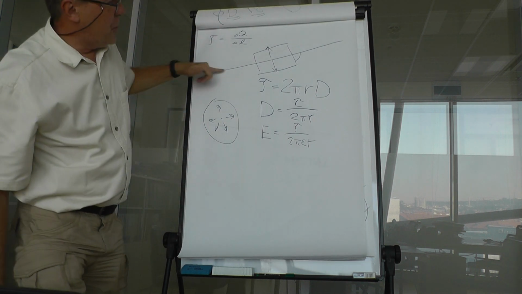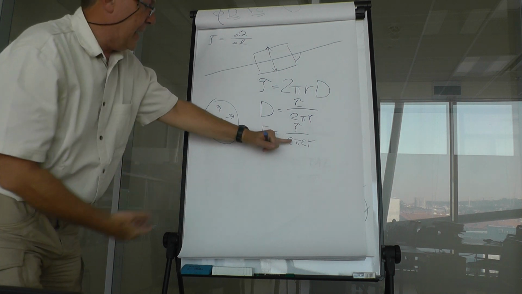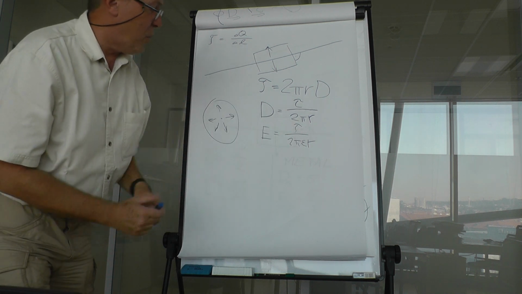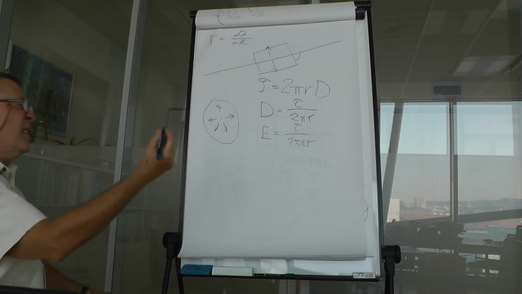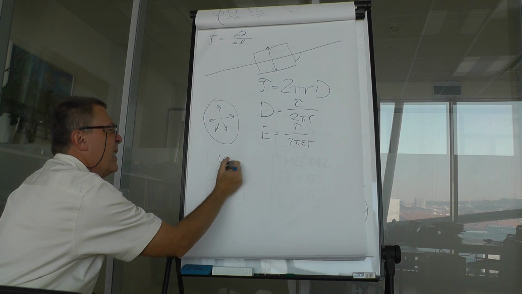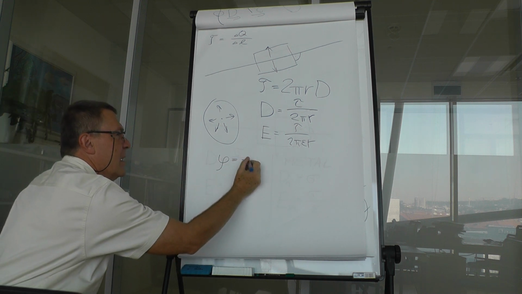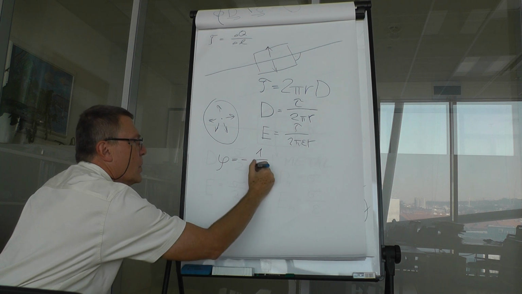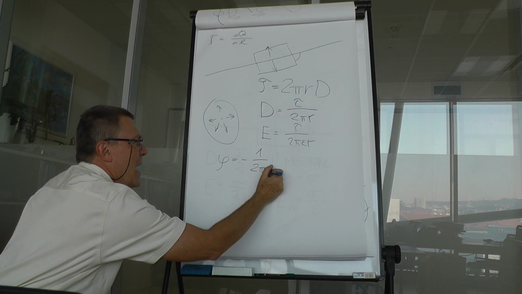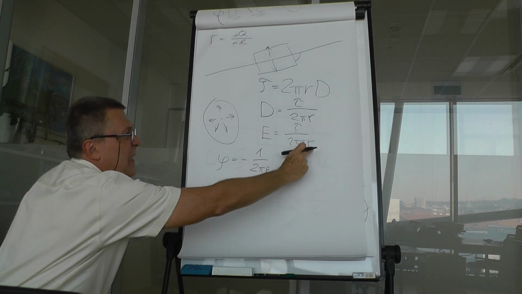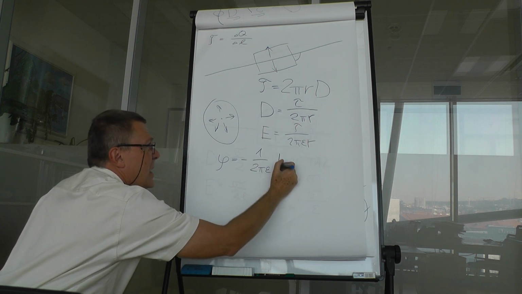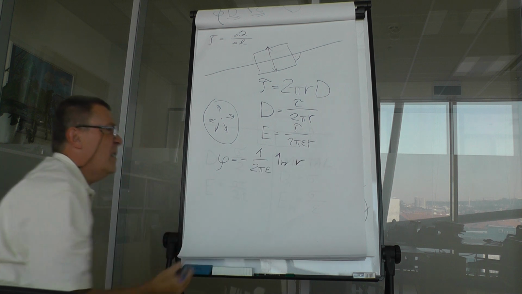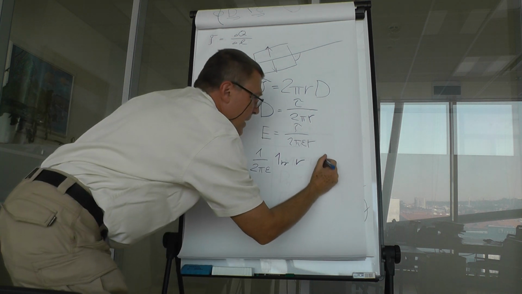Let's get back to a charged line. Again, integrating this equation, we will get phi as 1 over 2 pi epsilon, and integrating 1 over r gets us a natural logarithm of r, of course plus a constant.